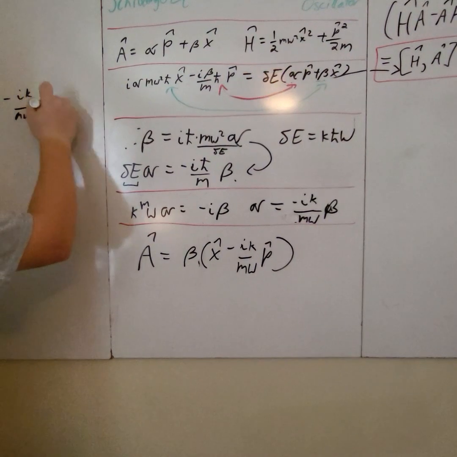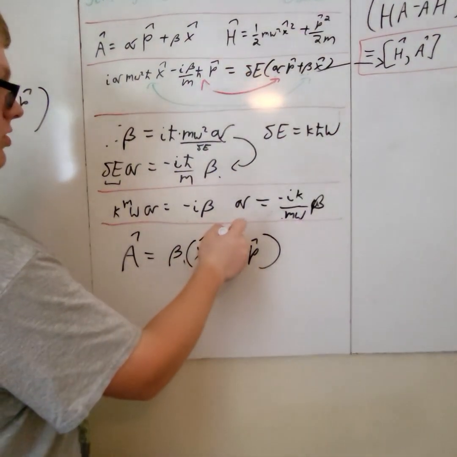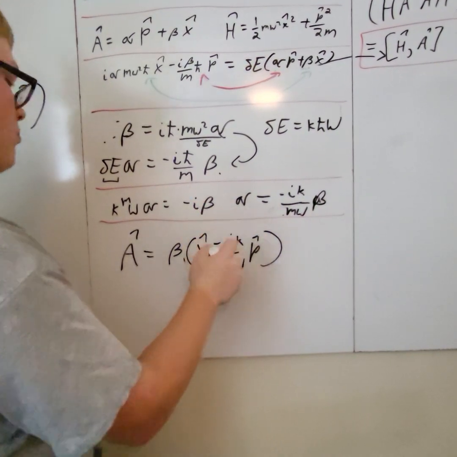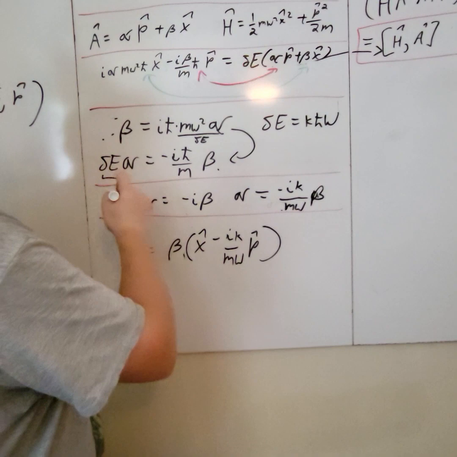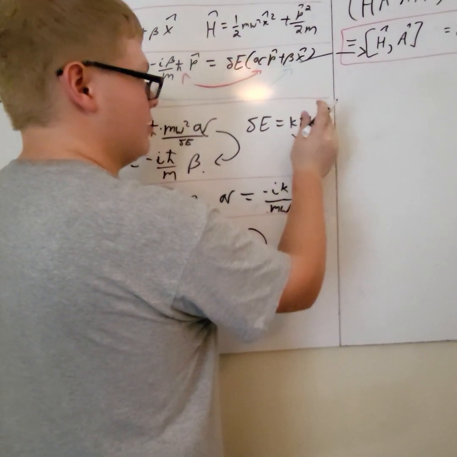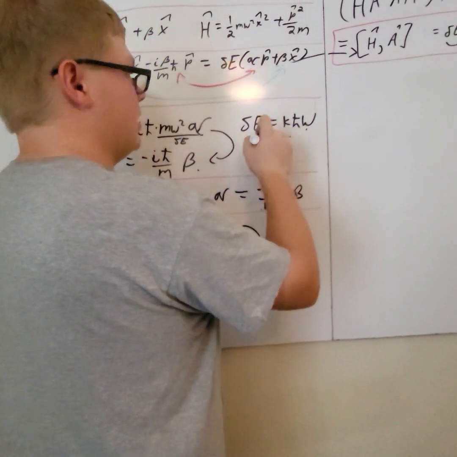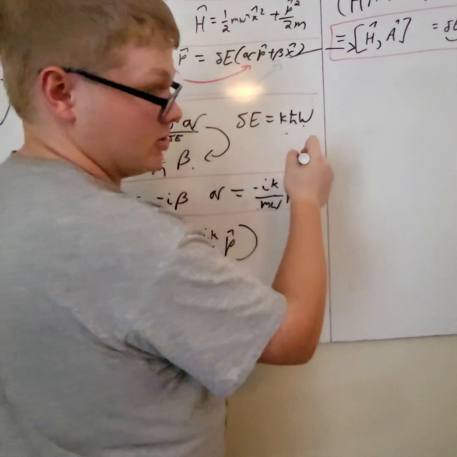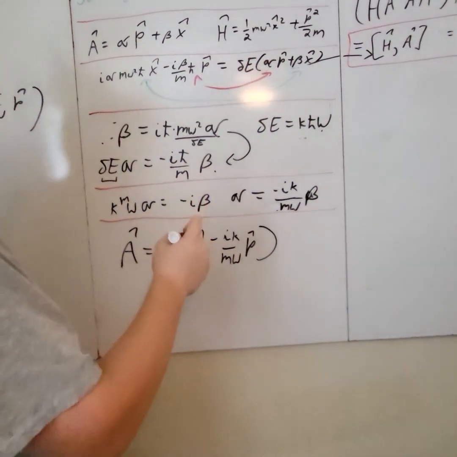I should stress that because k is equal to negative or positive 1, there are actually two different operators. If k is equal to positive 1, then our energy has increased by h bar omega. If it's negative 1, it's decreased the energy by h bar omega.